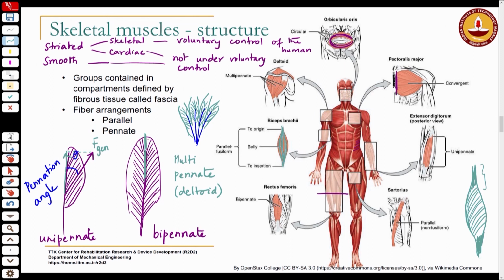That is the difference between the parallel fusiform and the unipennate. And in the pennate muscles, the tendons may actually be longer than the muscle fibers, which is not the case in the parallel muscles.